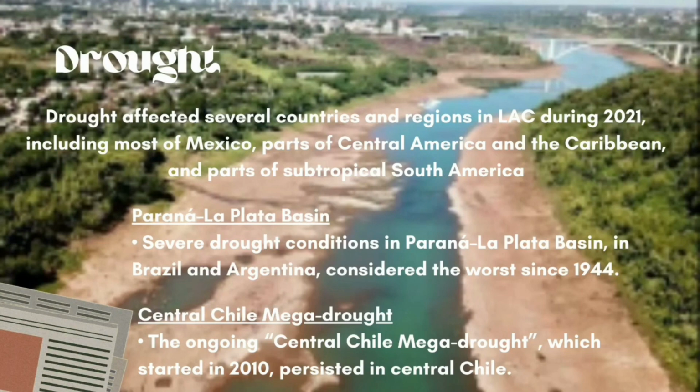In Central Chile, the ongoing mega drought, which started in 2010, persisted and is the longest and most severe in at least 1,000 years, putting Chile at the forefront of a regional water crisis.